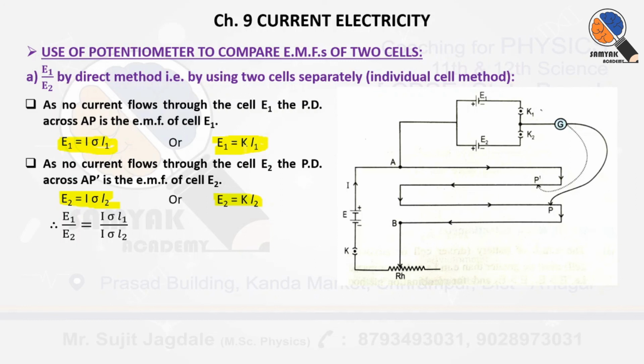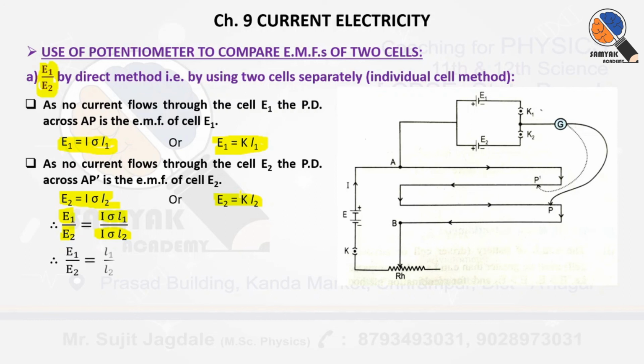So we are going to get E1 upon E2, which is our LHS, is equal to I sigma L1 upon I sigma L2. And here we have to obtain the value of E1 upon E2, that means the comparison of EMFs of two cells. So that's why we obtained this expression by dividing equation 1 with equation 2.